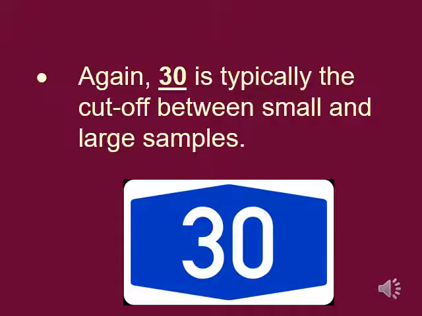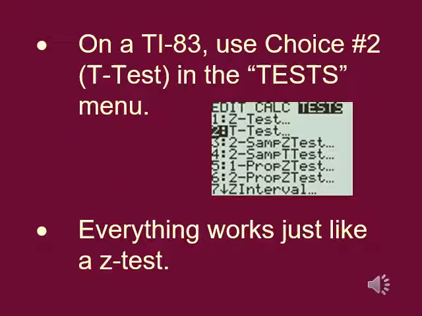Remember again, the difference between large and small in statistics isn't really all that large. Anything that's 30 or more is considered a large sample. On your calculator, if you have a TI-83 or 84, you're going to go to choice number 2, where it does just say t-test. You can look at the other choices there and get a preview of some of the other things we'll be looking at, but right now it's just t-test. And we're going to find that pretty much everything works the same as it does with z.